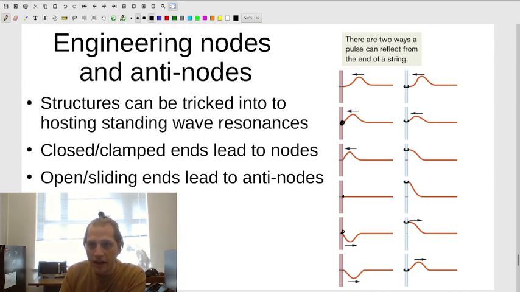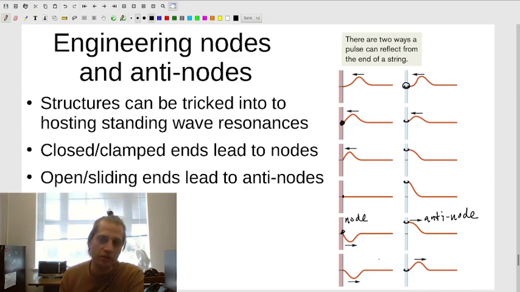Whereas if I have my string on a slidey pole, if I get the disturbance going down the string and it goes up, it will actually come back the same way. So a clamped end acts as a node. The open end acts as an antinode.